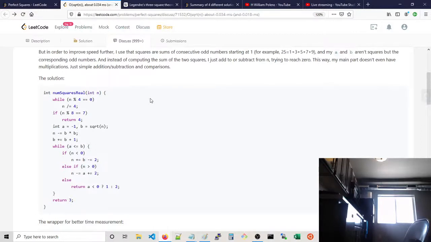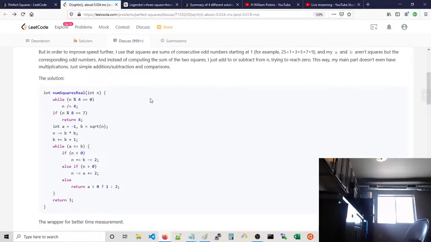So if it's 7 mod 8, then you can terminate early. But for all the other cases, first we'll check 1 or 2, and if you can't get 1 or 2, then it's got to be 3.